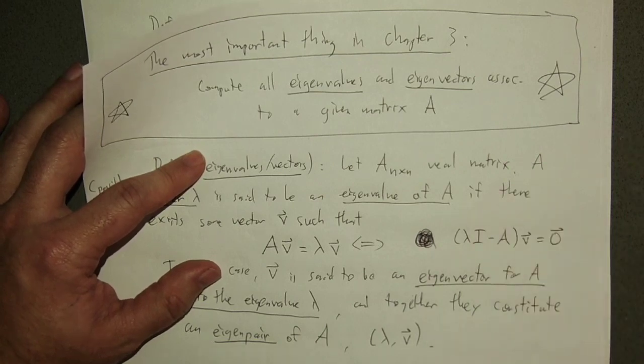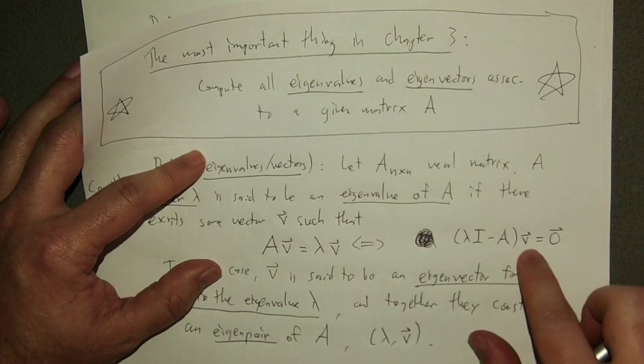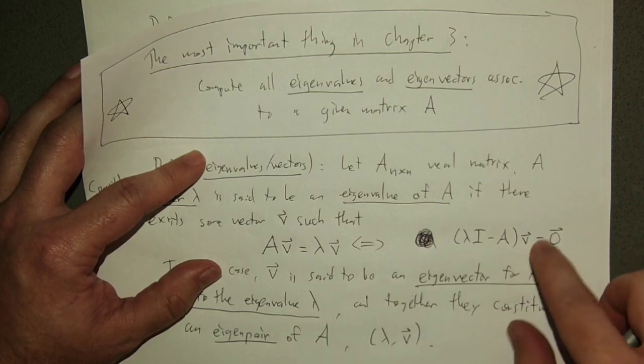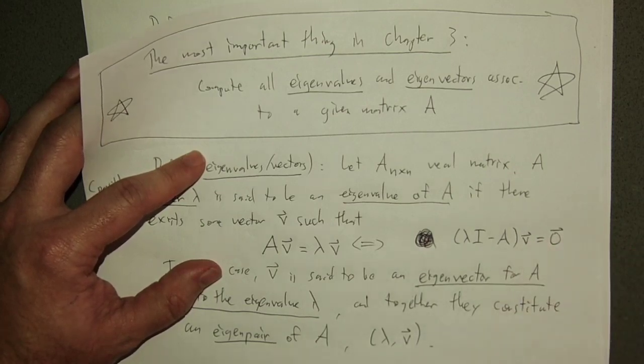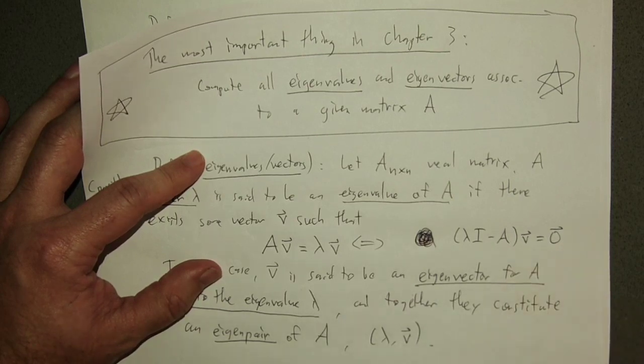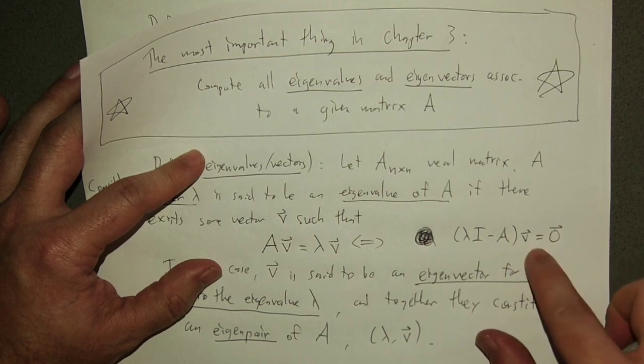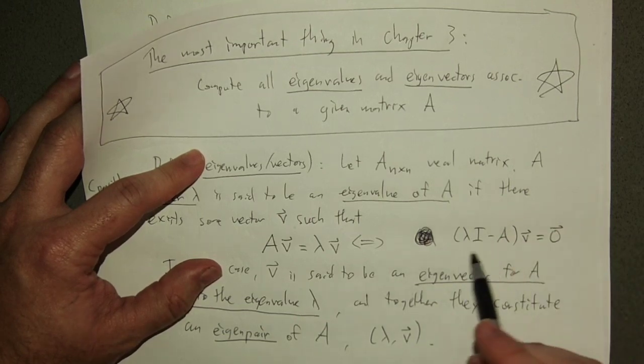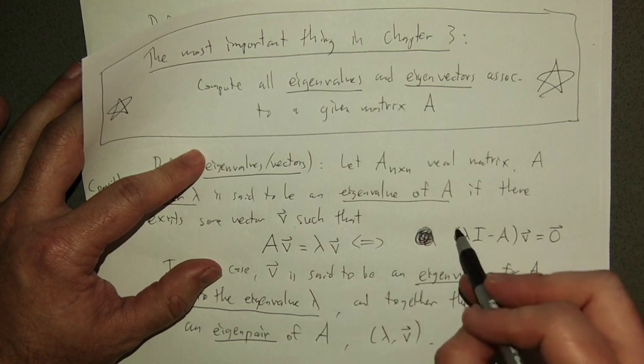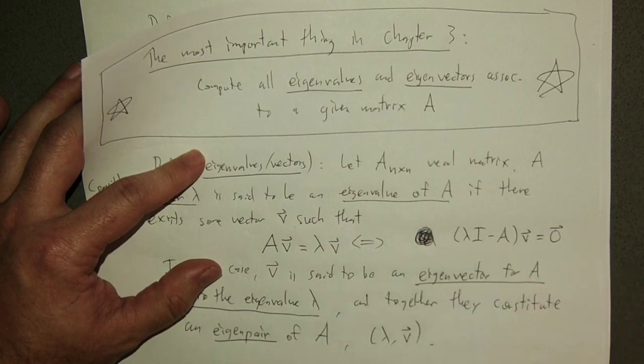So I seek a non-trivial vector v that solves this. But if I want this to have a non-trivial solution, by linear algebra, what has to be true is that the matrix I'm multiplying here has to have determinant equal to 0.